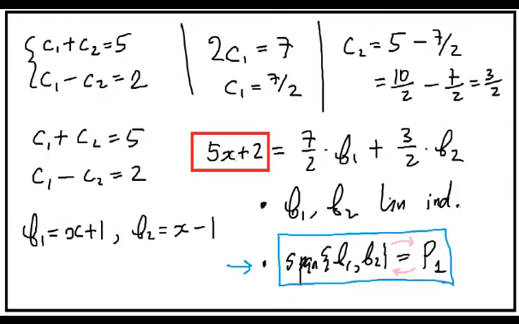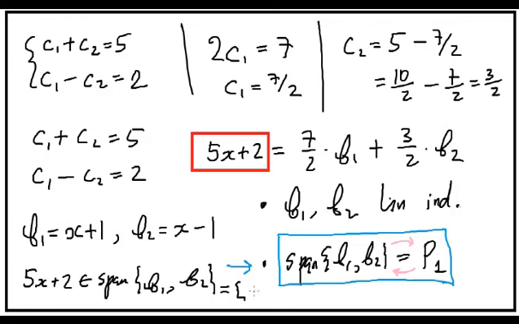Like for 5x plus 2, since it's a linear combination of b1 and b2, we can then say that 5x plus 2 belongs to the span of b1 and b2, because the span of b1 and b2 is the set of all possible linear combinations. It can be written down like this: it is the set of all c1 b1 plus c2 b2, where c1 and c2 can be any real number.